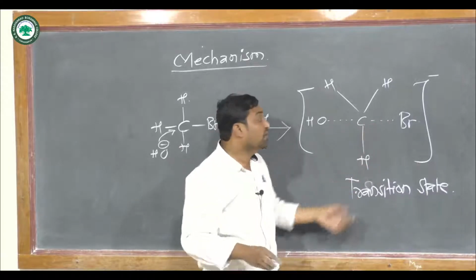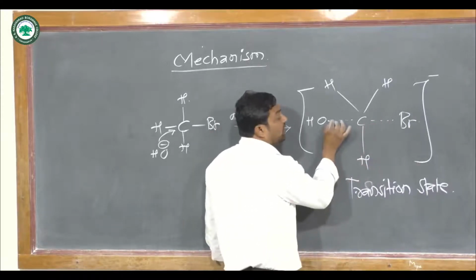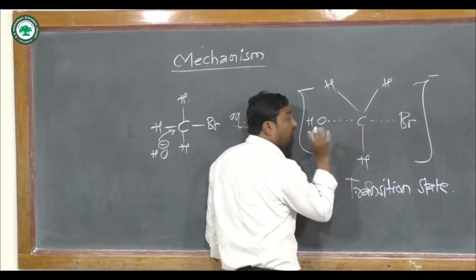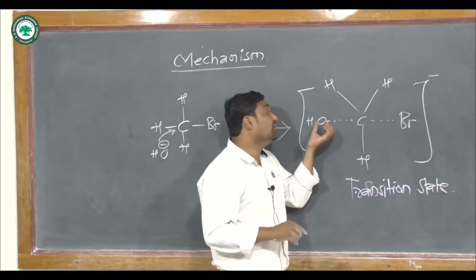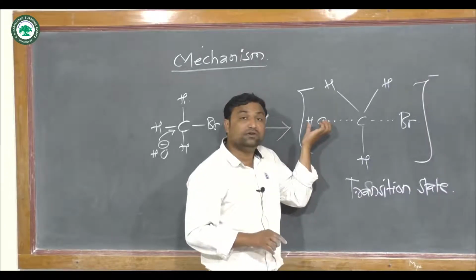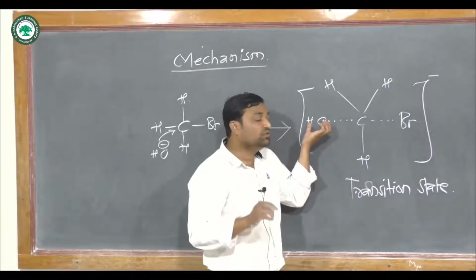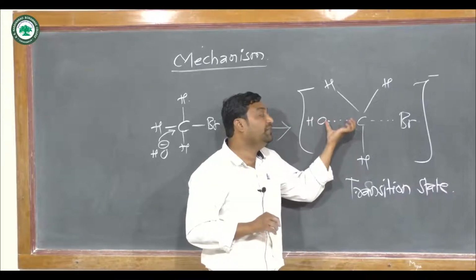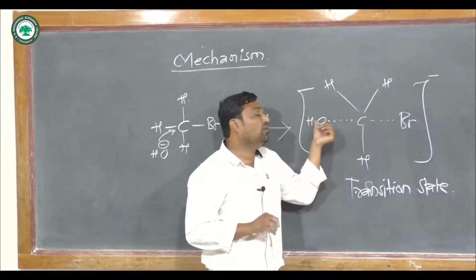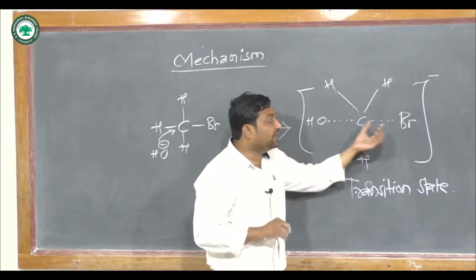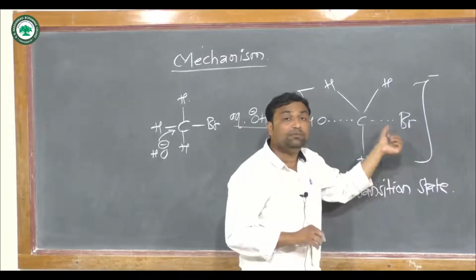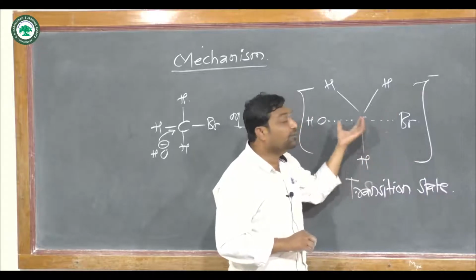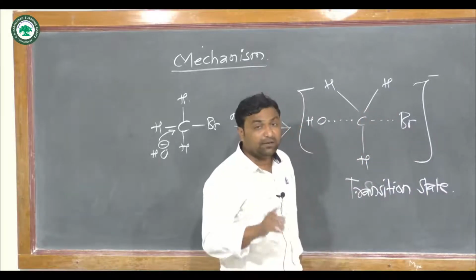It means when this OH nucleophile tries to form a bond between this carbon and the OH group, at the same time this Br atom tries to depart from this molecule. It means it proceeds via a concerted fashion.